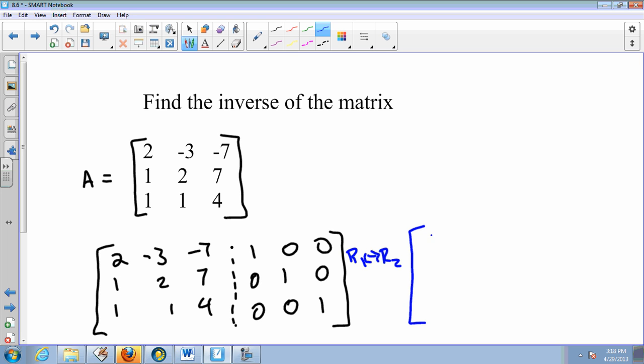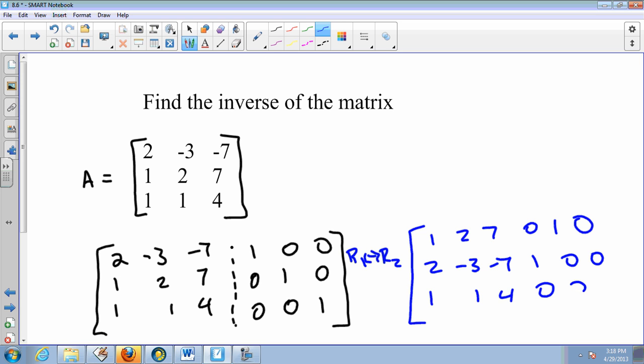So 1, 2, 7, 0, 1, 0. 2, -3, -7, 1, 0, 0. And the last row stays the same, 1, 1, 4, 0, 0, 1.